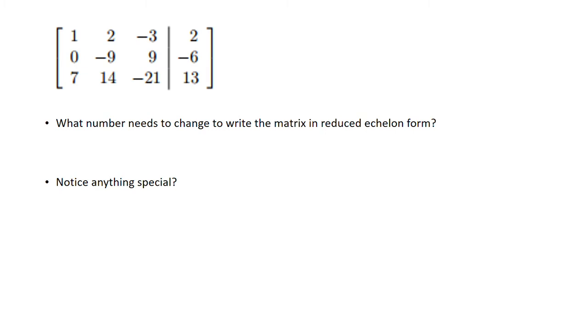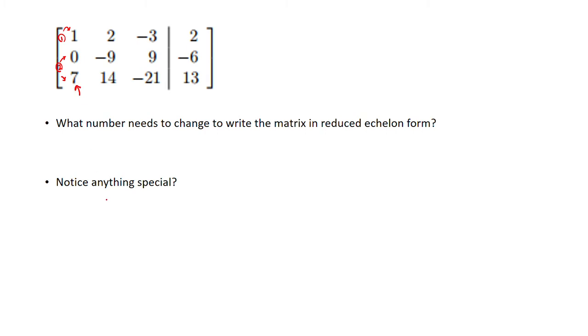So our first step is to make sure we have a 1 right here. Our first step is good. Our second step is to make sure underneath that 1 we have zeros. This 7 is not a 0. So since this 7 is not a 0, the number that needs to change is this 7.